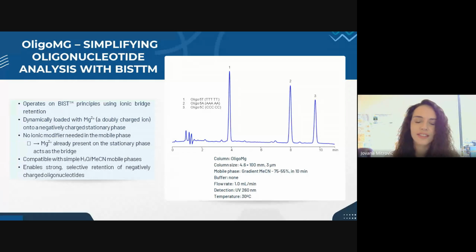And the result is strong selective retention and clean separation without any need for method reoptimization or complex mobile phase formulations. And by having the bridge-forming ion directly in the column, OligoMG streamlines the workflow, reduces method complexity, and brings the benefits of BIST to a broader range of users and labs.